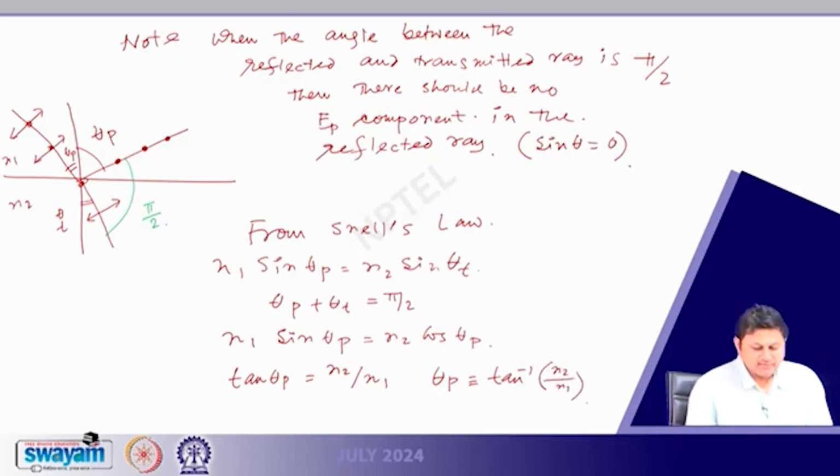If I launch the light at that particular angle, knowing N2 and N1, then I can polarize the light. This angle is called the Brewster angle.